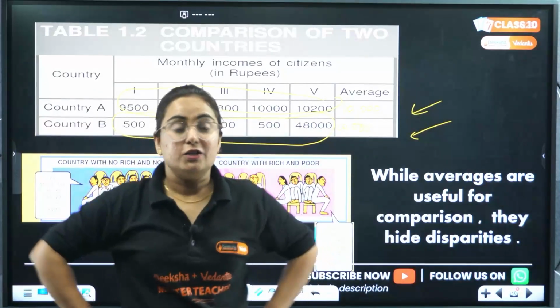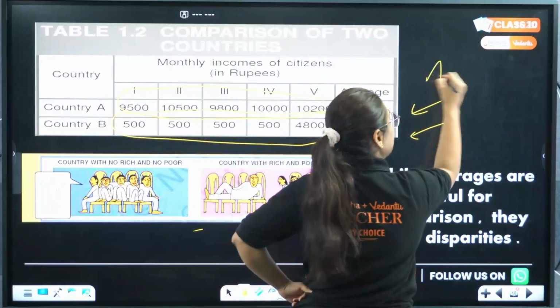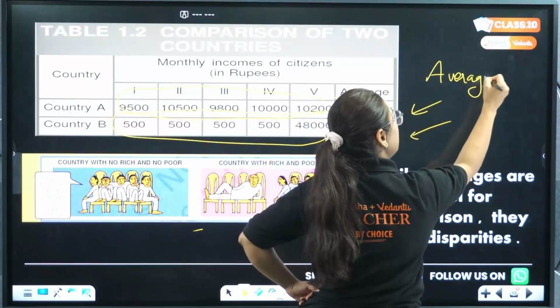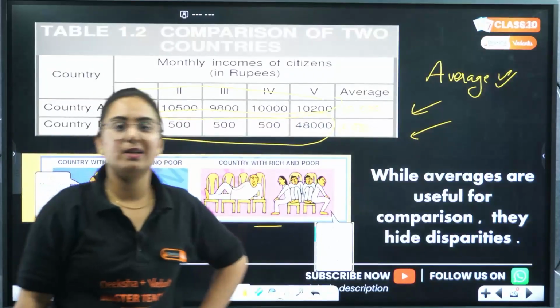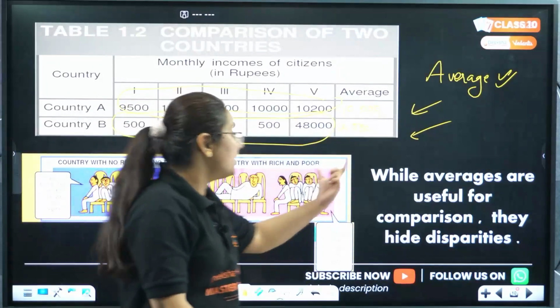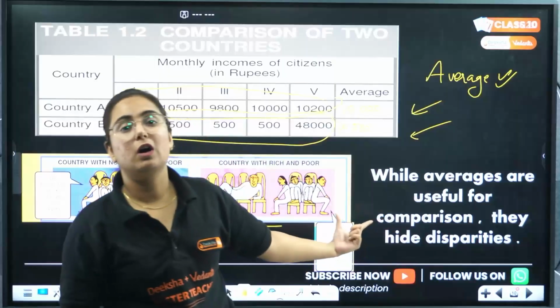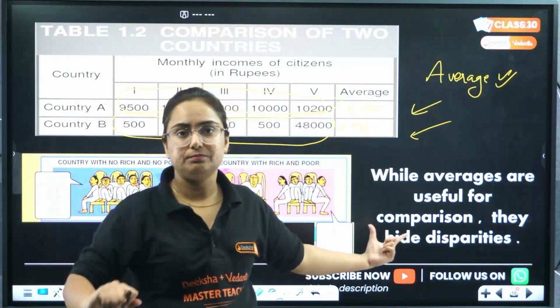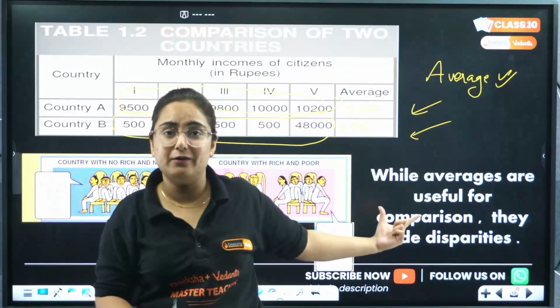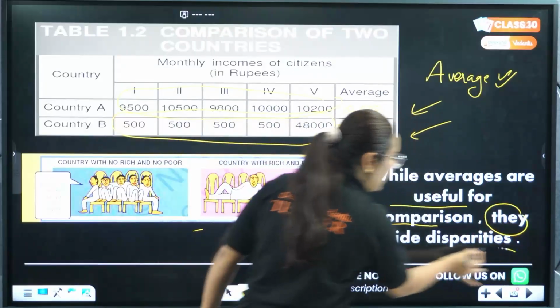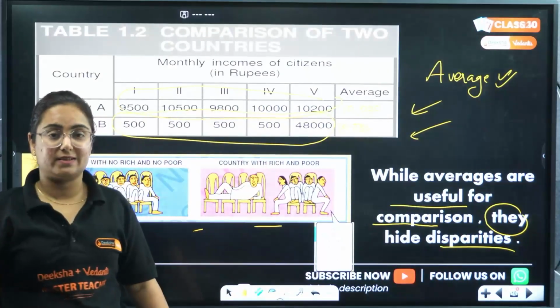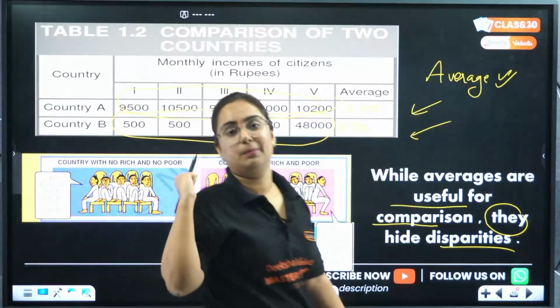No. So the average income we were talking about, that it is the best criteria to compare countries, is now questionable. Why? Because averages are useful for comparison. What is the positive thing of average? That it is used for comparison, but they hide disparities, the differences among the people.